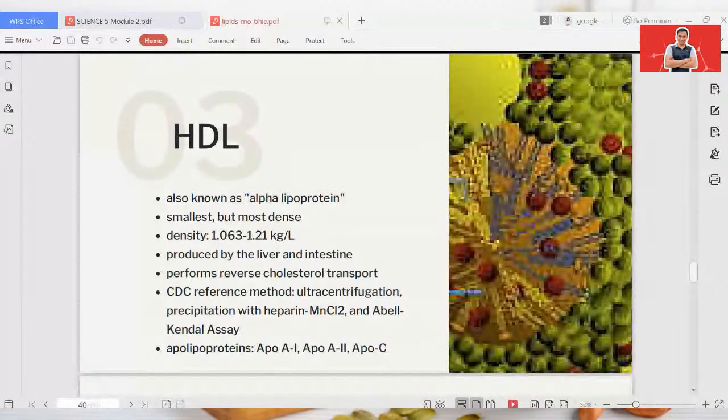And if your HDL is lesser than 40, you have a higher risk for heart disease. So you are protected against heart disease if your HDL is greater than 60, and you have a major risk for heart disease if your HDL is lesser than 40. Thank you for the comments.